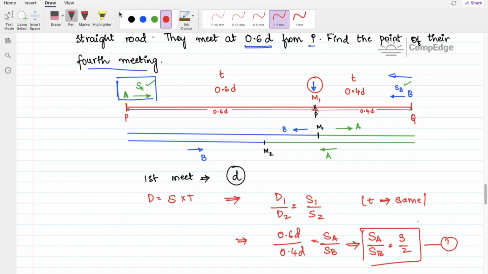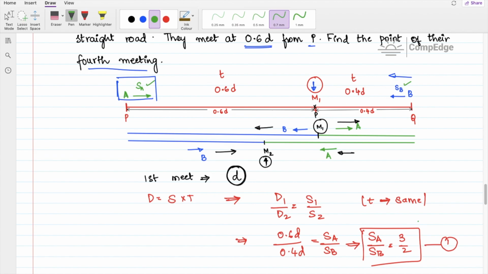Now at the first meet they will cover a distance of d. After the first meet, A would further go on and then come back, and B would further move on to the left and come back again, both of them to meet at this point M2. Now when they meet at M2, what is the distance that they covered?